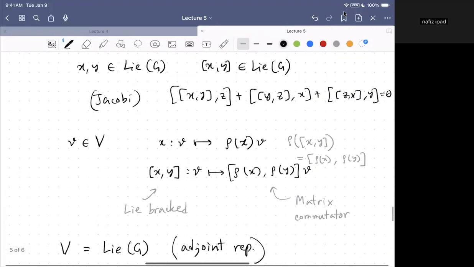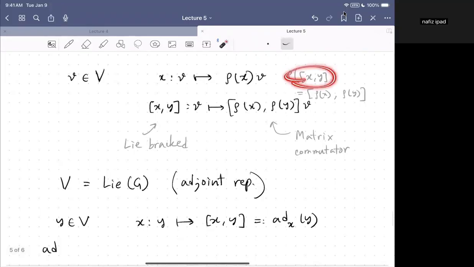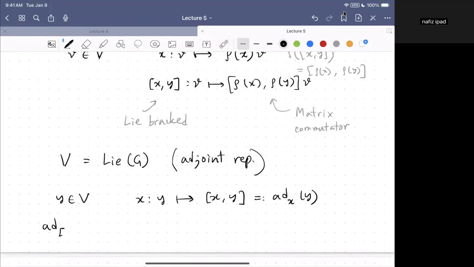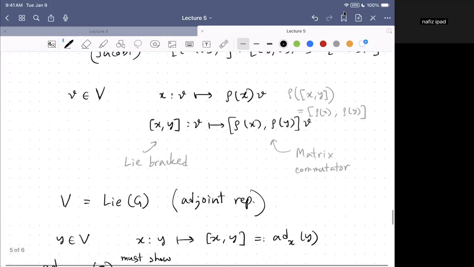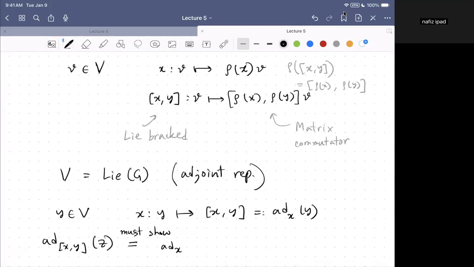So let's start with this. ad of the bracket of x and y, let's act on some arbitrary element z. We must show that this is equal to the commutator of ad x and ad y acting on z.